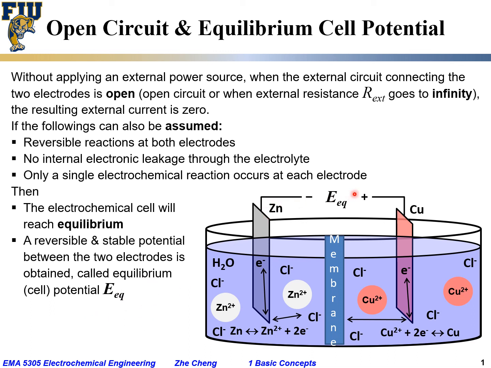When you have open circuit condition and when the system satisfies these three assumptions: reversible electrode reaction, no internal electronic leak through the electrolyte, and a single electrochemical reaction at each electrode. Under this condition, we can get an equilibrium potential, and this equilibrium potential would be, in this case, equal to the so-called open circuit voltage, or OCV.